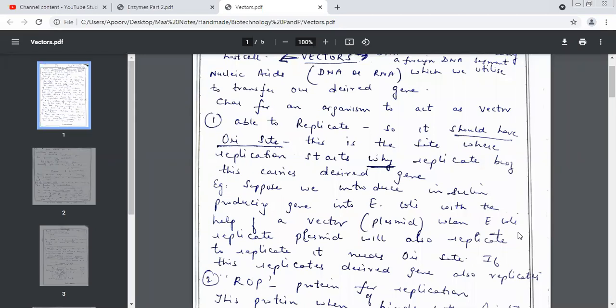Actually, it is origin of replication. The short form of origin, we use the word ORI, so it is the ORI site. Remember, only those DNA which have this site, the ORI site, can replicate because replication starts at this site only. And why do we need replication? Because we need to make multiple copies of the gene which we have sent into the host. Very important topic. Which is the first important characteristic which each vector should have?